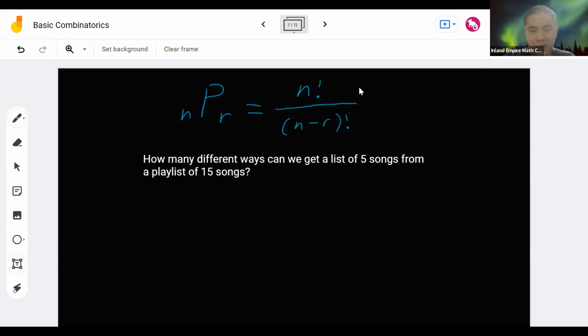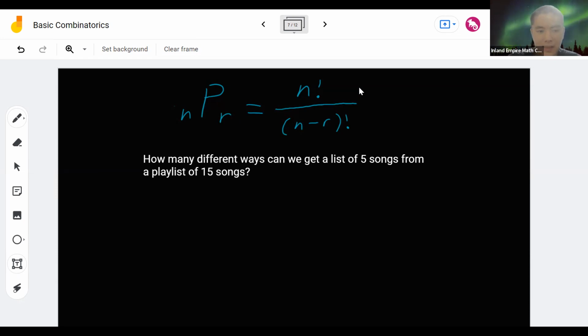For example, you're trying to choose a class president and a class vice president, and the number of officers you're choosing is exactly r, from a total of n people.